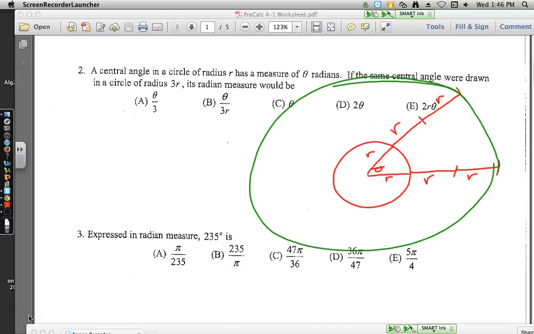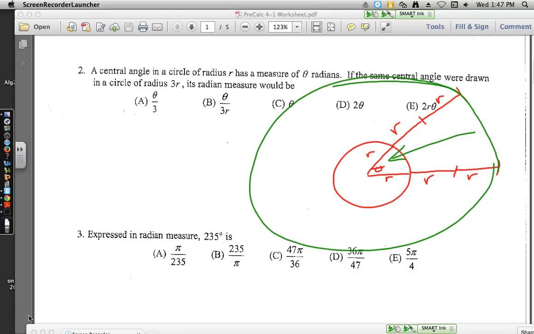So if the same central angle is drawn in that circle with radius 3r, the radian measure would be, well, that angle hasn't changed. It's still the exact same angle that it was before. So the radius doesn't make any changes when we're talking about circles of different sizes.